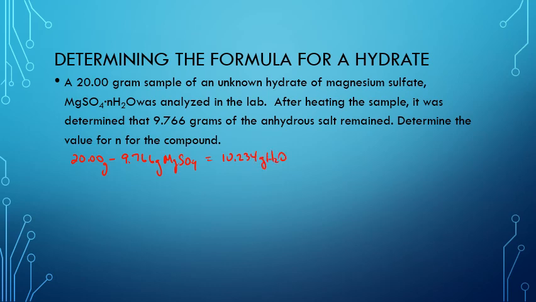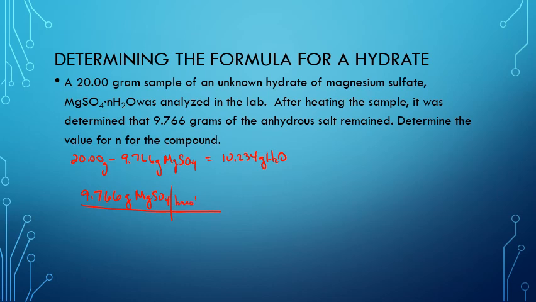So now it is easiest to treat this problem like an empirical formula problem. Instead of doing each individual element, we can compare the mass of the anhydrous salt to the mass of the hydrate. I'm going to start by taking 9.766 for my grams of magnesium sulfate and convert that into moles.